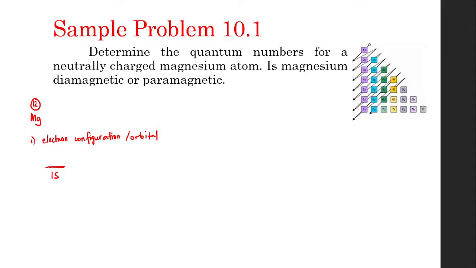According to the Pauli exclusion principle and Hund's rule, we first have to fill the lowest main energy level. So I'm going to write the electron going up and then the electron going down. That fulfills my 1s.